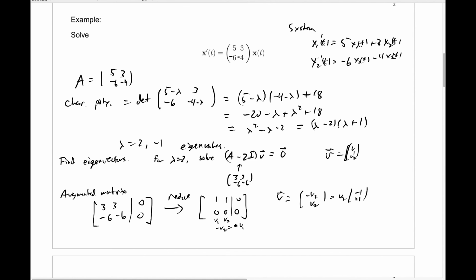What does that tell me? That tells me that this vector, minus 1, 1, is an eigenvector for the matrix A corresponding to lambda equals 2. Any non-zero multiple is also good, but we'll just use this one.